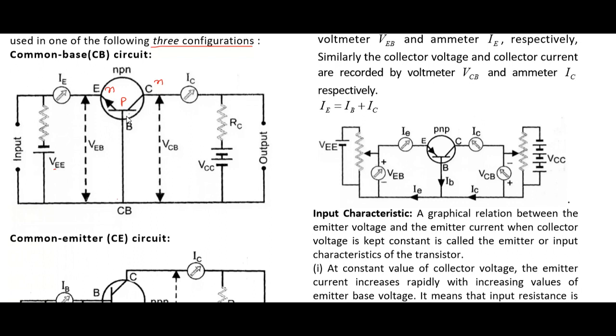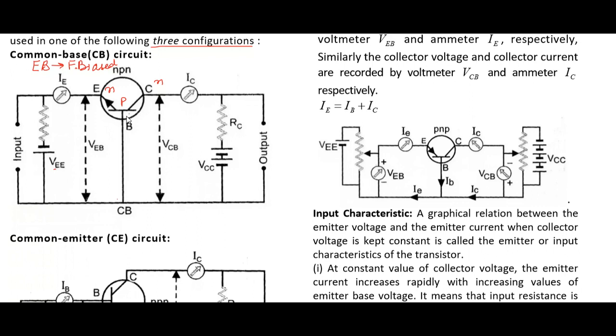Note down, emitter base junction is forward biased. This is emitter, this is base. This junction is forward biased.